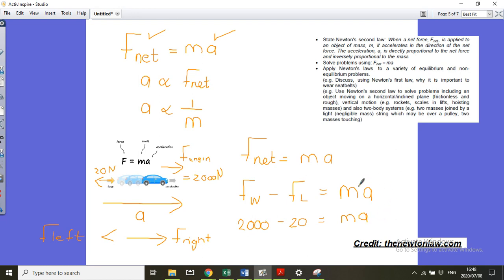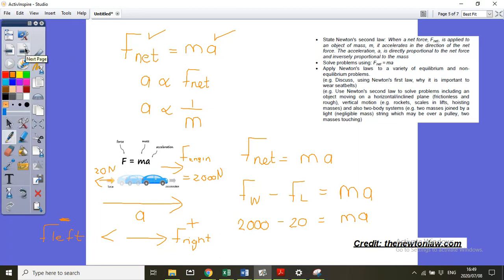And you must always just think, which direction is my acceleration? Because that is going to be the direction that I make my forces all positive. And then I'm going to make all the forces in the opposite direction negative to get the acceleration in that specific direction. And I'll do all the different examples of lifts and scales and all those things with you in the next video.